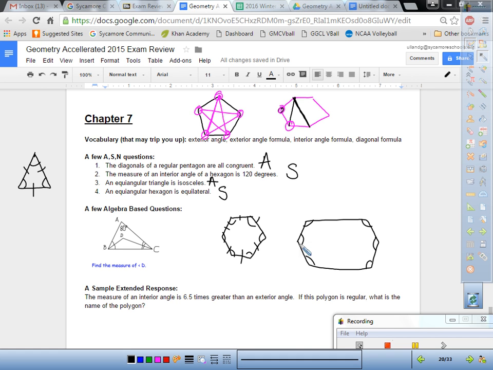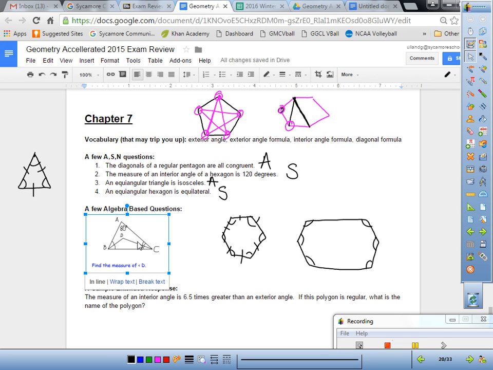Okay, find the measure of angle D. This is a pretty classic type of problem. Let's copy that and paste it on the next page.